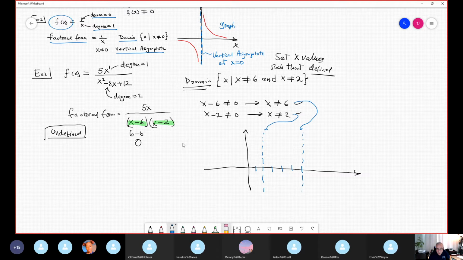This is vertical asymptote 2. And my graph, I have no idea. I want to explain the technique to do the graph by hand. It looks like that. Okay, this in red color is the graph of this original function. One super fantastic way to do that is using Desmos.